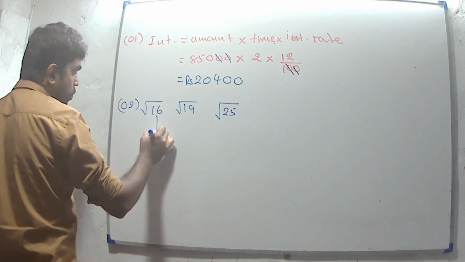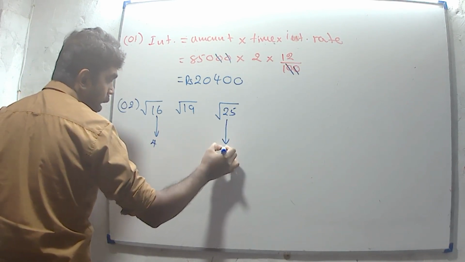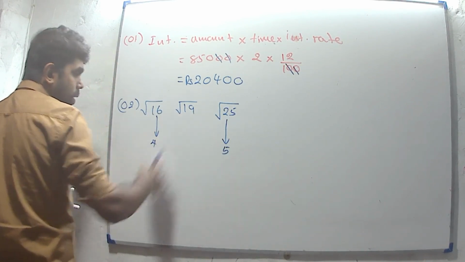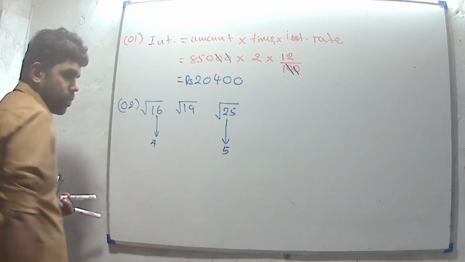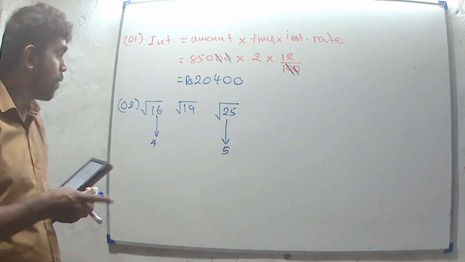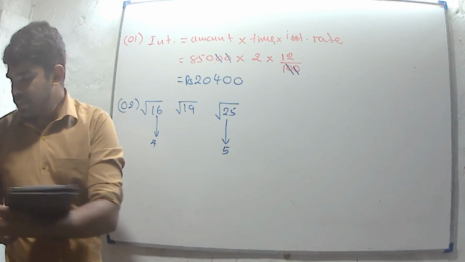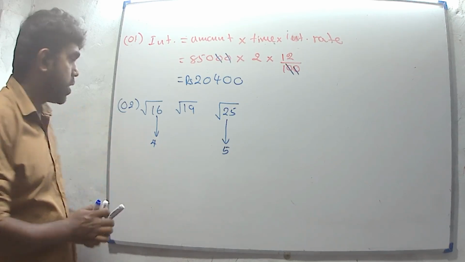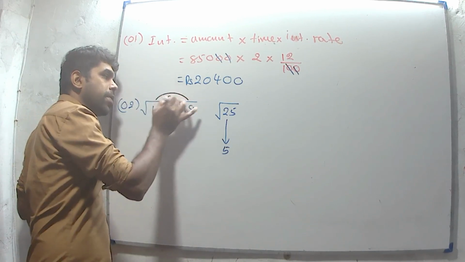Then square root of 16 is 4, square root of 25 is 5. Then root 19 should be between 4 and 5. It means it is a 4-point value. Then we have to consider the difference. The difference between 19 and 16 is 3.